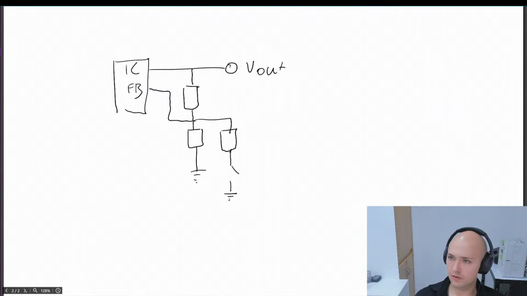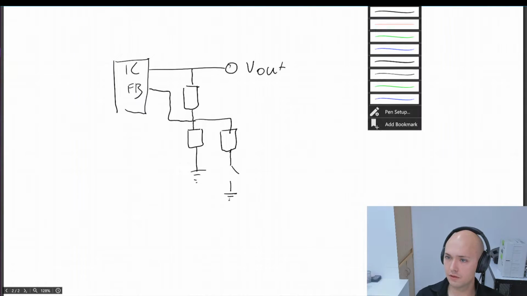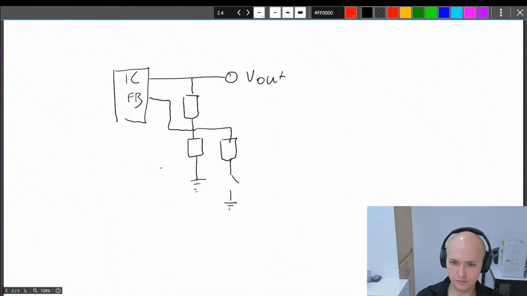I'll do it in another color. So we'll add this path here. Does that look good?